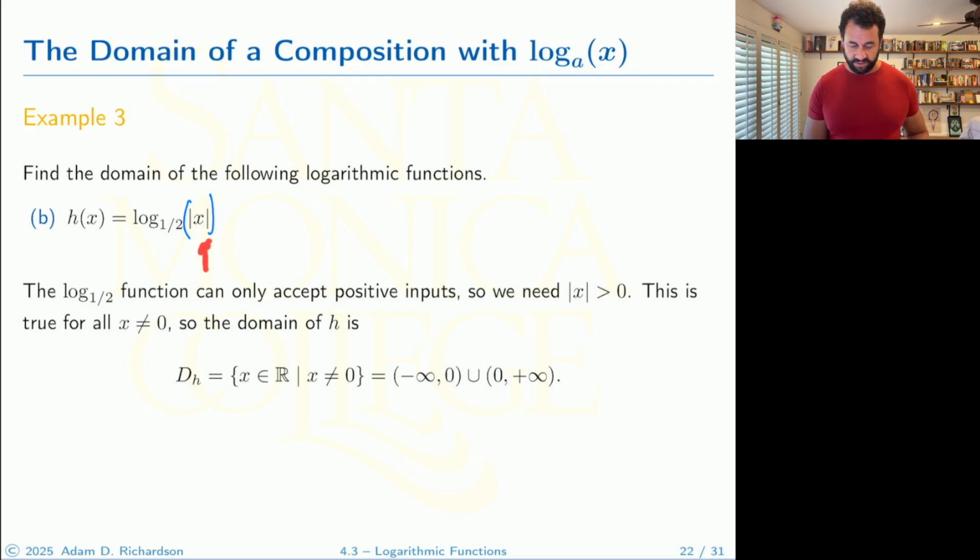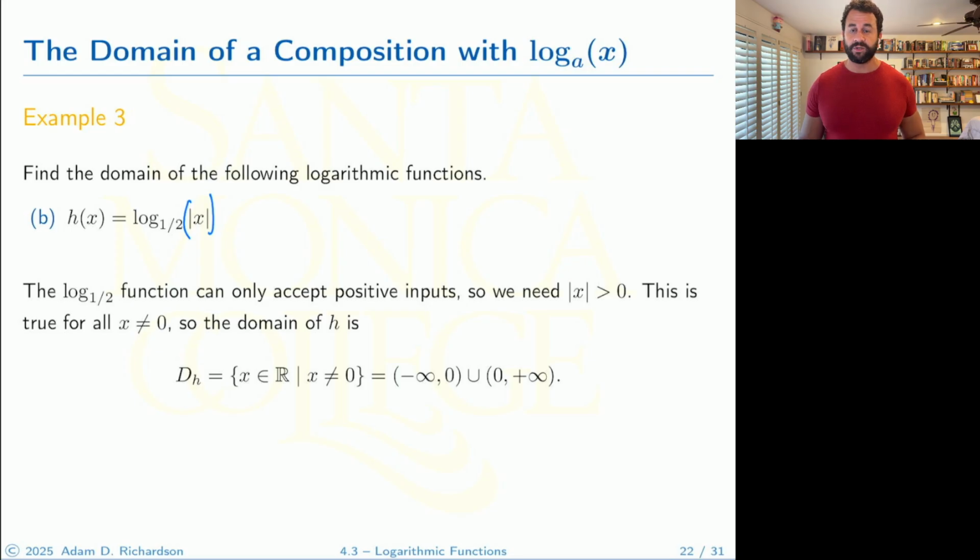So if we want this to be valid, we just need the absolute value function to be strictly positive. So that means everything is okay except for 0 itself, right? Absolute value of 0 is 0, but the absolute value of any other number is positive. So the domain of this function, the domain of h, that composition, is everything except 0. Everything except 0, and here it is written in interval notation.